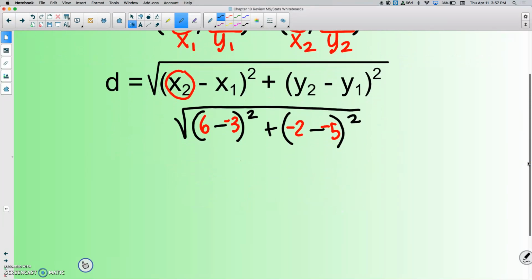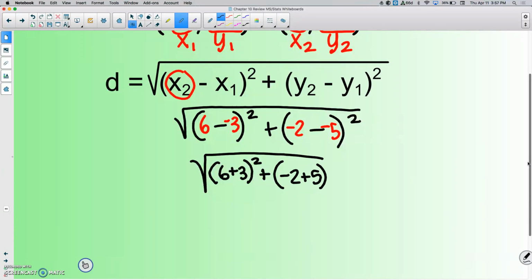Now notice, this time inside the parentheses, we have some double negatives. 6 minus -3 turns into 6 plus 3. The double negative turns into a positive. And then in the other set, -2 minus -5 turns into -2 plus 5. So 6 plus 3 is 9, 9 squared, plus -2 plus 5 is 3, so 3 squared.